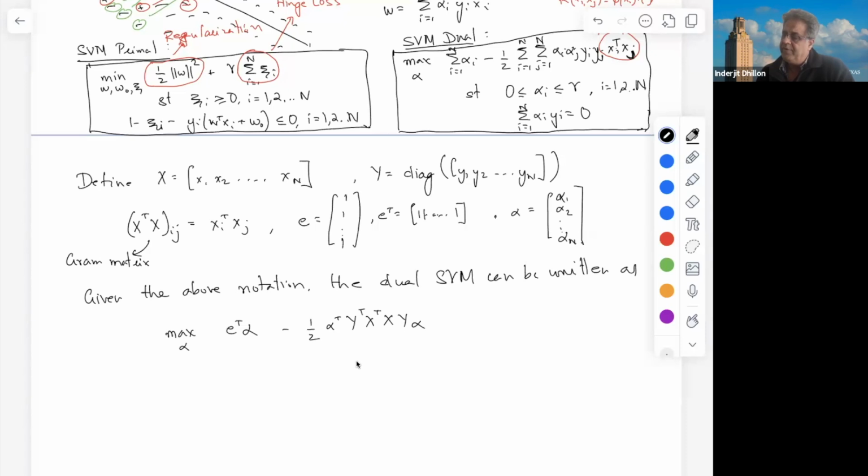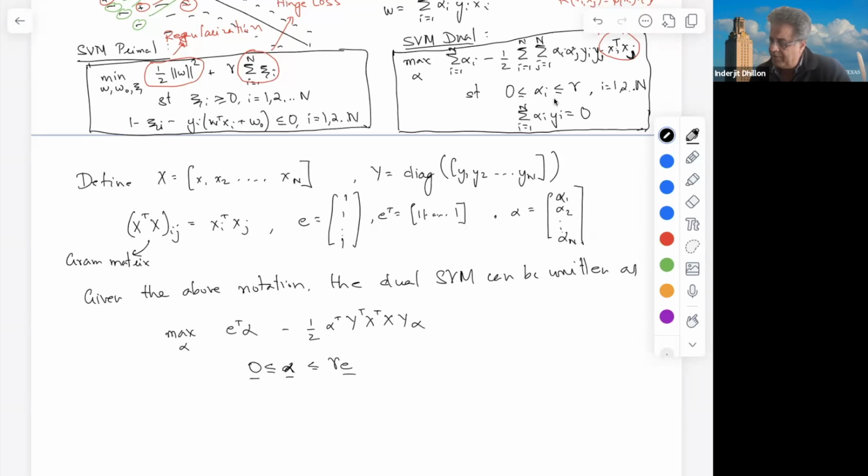And then what do I have? I have inequality constraints: 0 is less than or equal to alpha is less than or equal to gamma. I can write that as the vector alpha is greater than or equal to the 0 vector and less than or equal to gamma times the E vector, all ones.